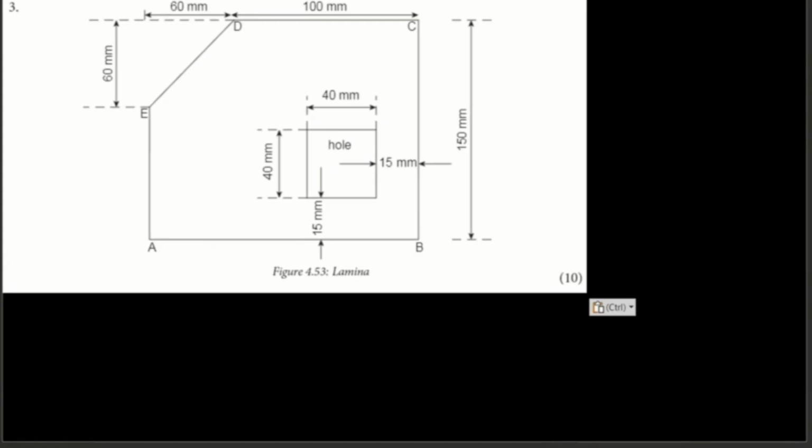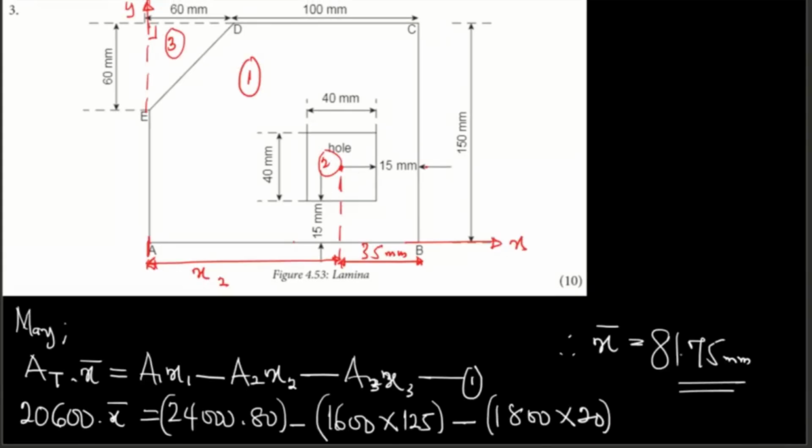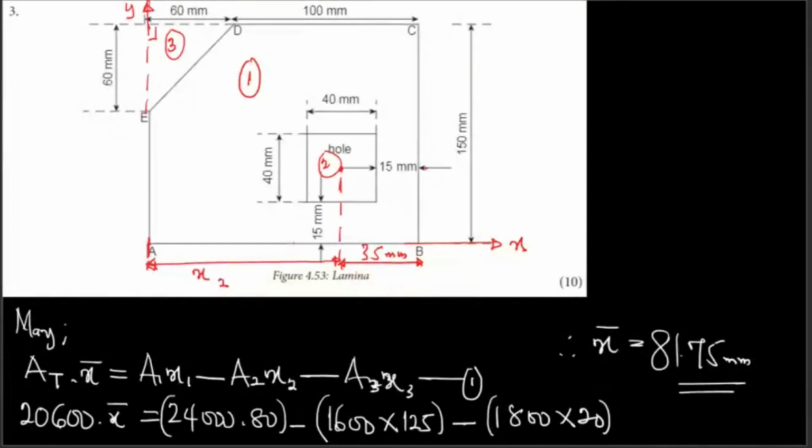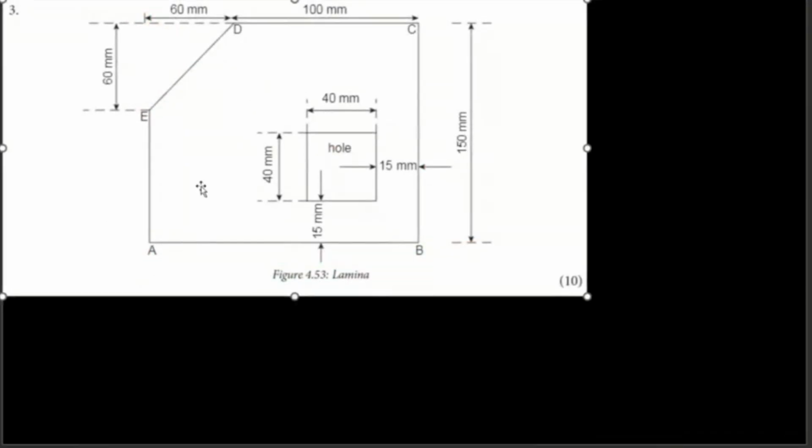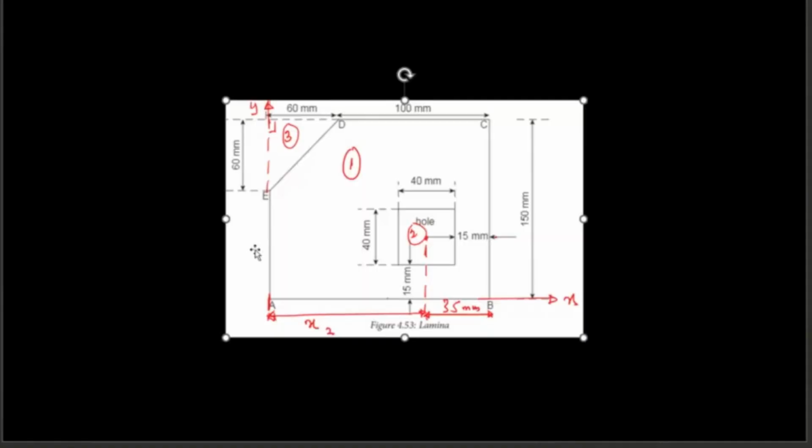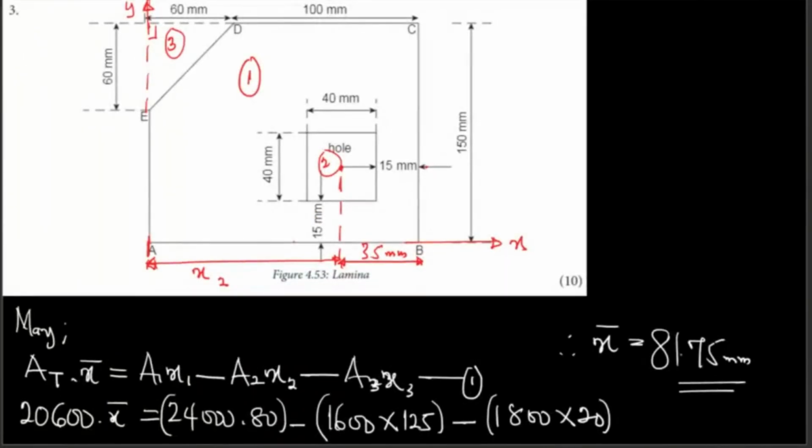I'm going to do the same. Let me just crop this because I already put the dimensions here. Here we did moment of area about the axis of rotation, we took y.